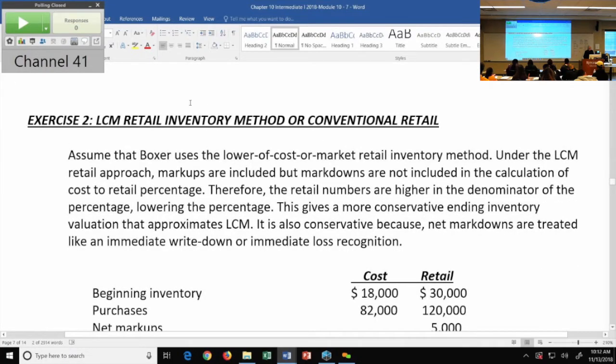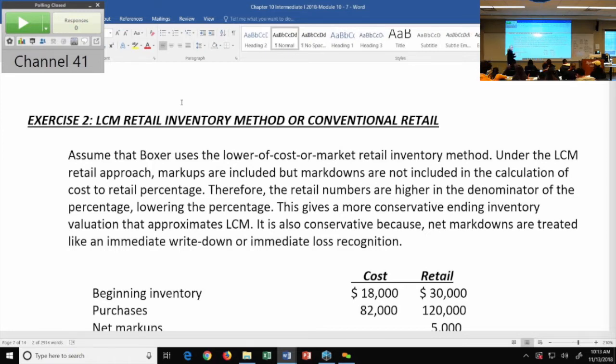What about conventional retail or lower of cost or market? Just remember, conventional and LCM are the same. This method will only include markups but not markdowns in the cost to retail ratio.